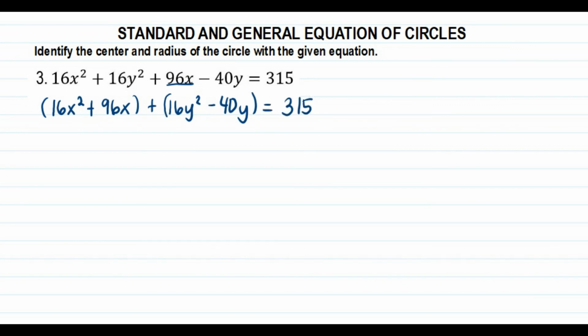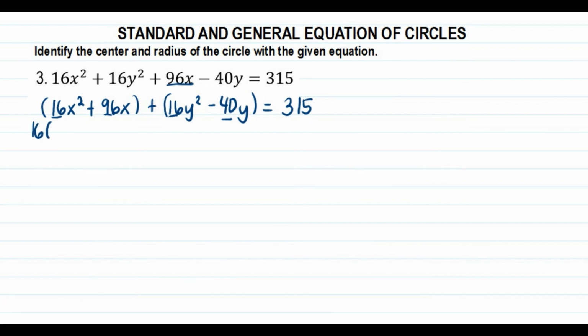Next step is using the GCF or greatest common factor, we will factor out the 16. Factor out natin yung 16 since they are divisible naman by 16. Yung two terms, divisible by 16. Okay, we will factor out 16.